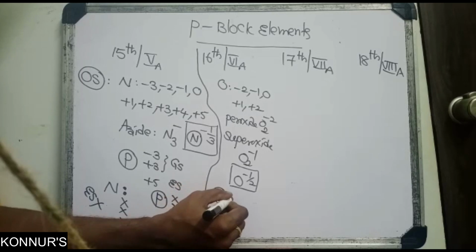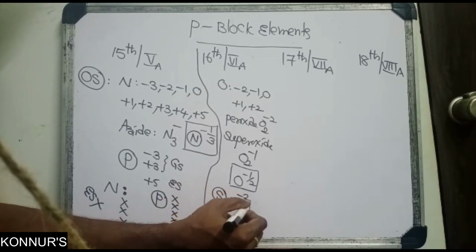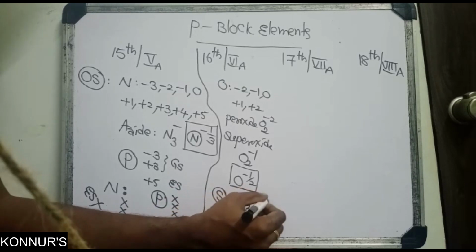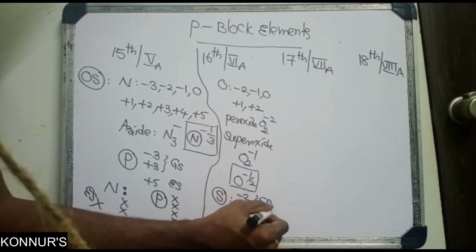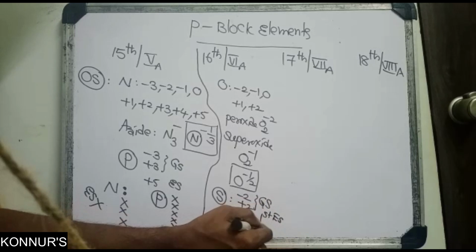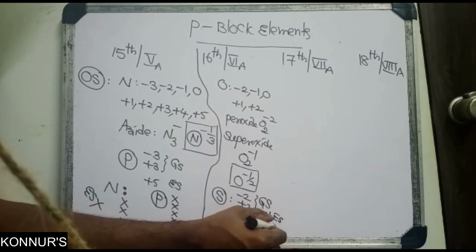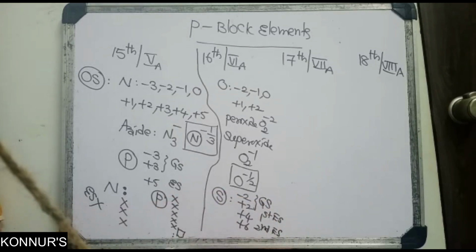Next, you go to sulfur. So -2, +2, +4, +6. These are ground state. So first excited state +4, second excited state +6.